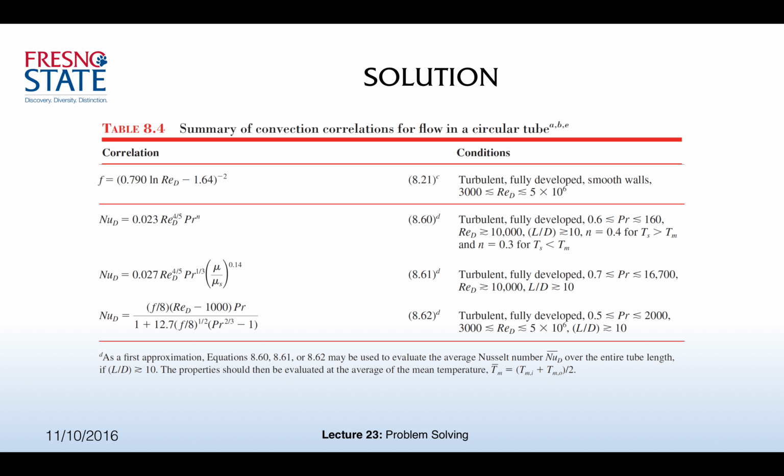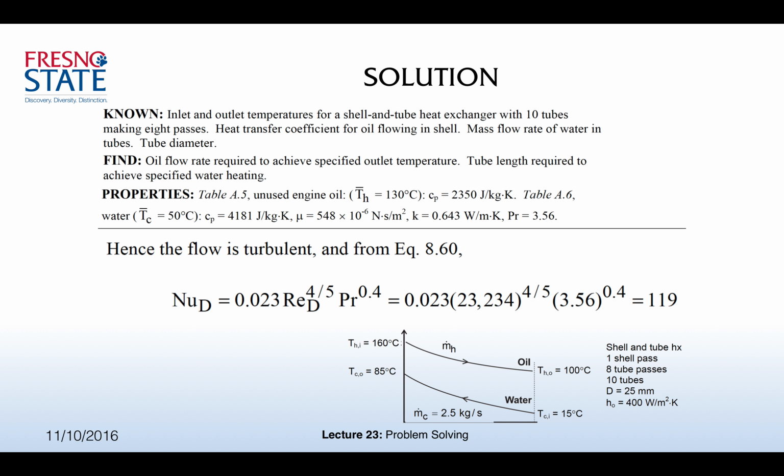Are we heating it or are we cooling it? We are actually heating the water from 15 to 85. So the surface temperature for the tube should be hotter than the fluid for the fluid to heat up. Then T surface should be greater than T mean for the fluid, and therefore we use n of 0.4. Therefore, we use this correlation.